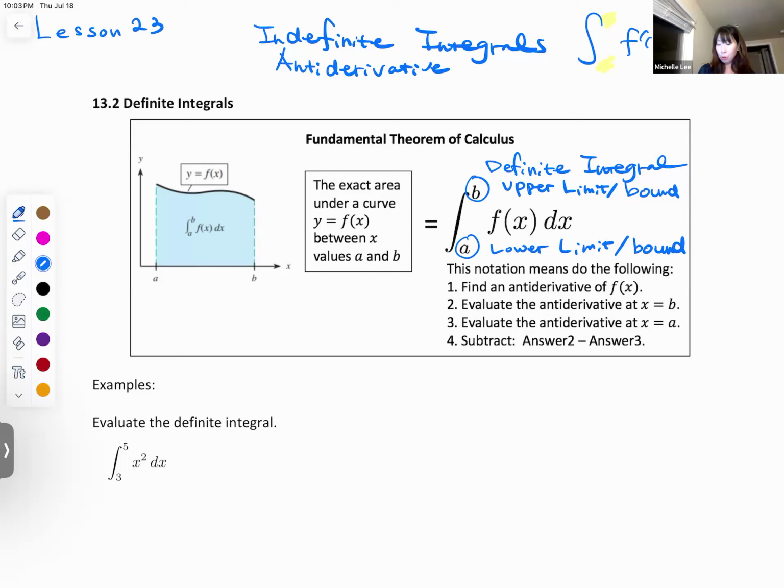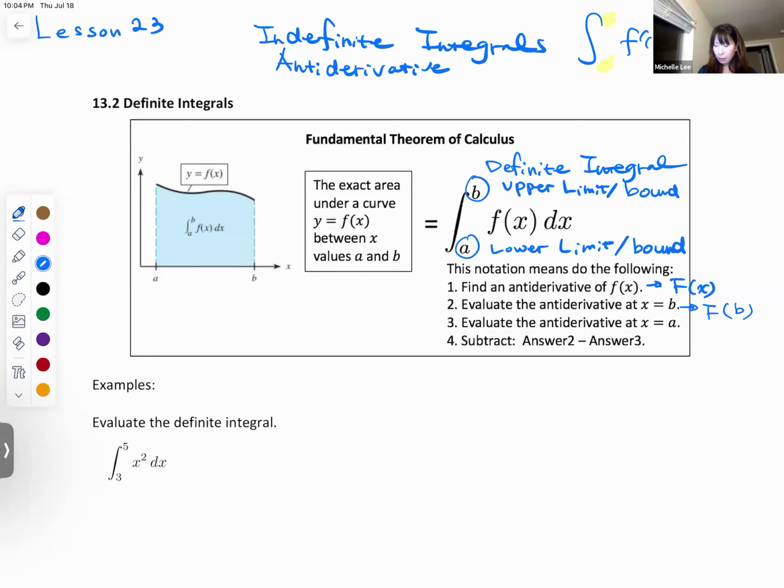So how do we use the fundamental theorem of calculus? First, find the antiderivative of f of x, which we call uppercase F. Now we want to evaluate the antiderivative at x equal to b, which we express as F of b.